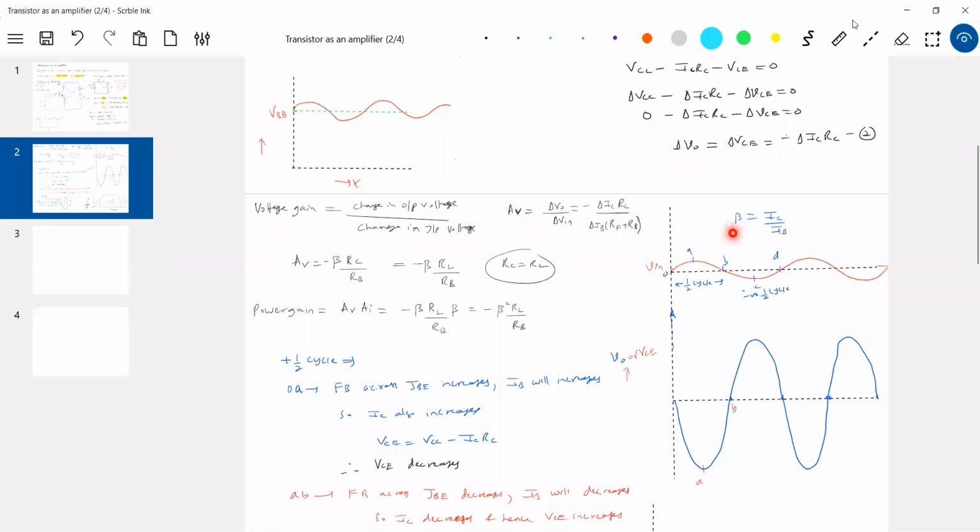Instead of width, they called it area. I think somebody today just sent me that. Why will the collector base junction have more width? When it's reverse biased, because the base is lightly doped, as the base emitter junction is forward biased and the collector base junction is reverse biased, the reverse bias will have more width, no?